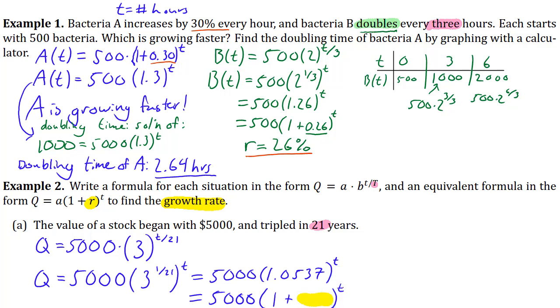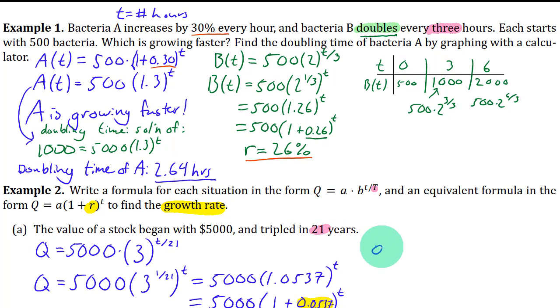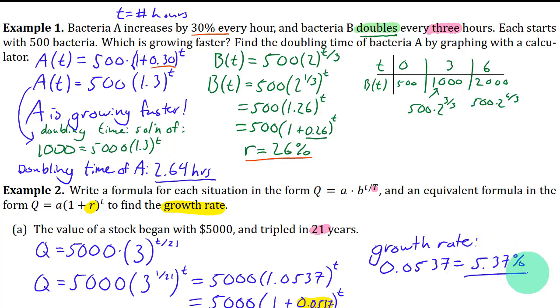So how about 1 plus 0.0537? That's 1.0537. So yeah, that's the growth rate. You could write it as 0.0537, or maybe you want to think of it as 5.37%, which is the way it would show up in a real life description of this number.